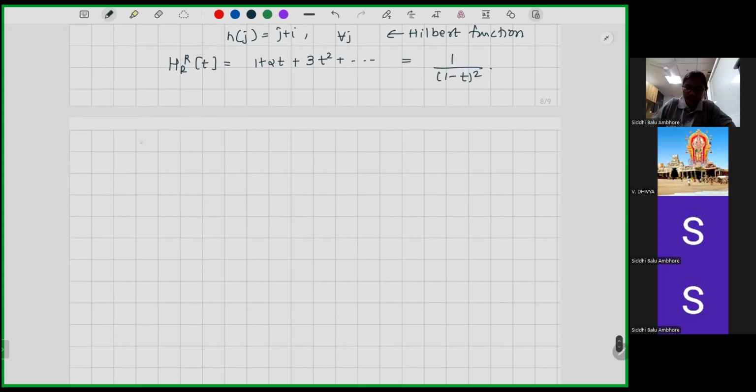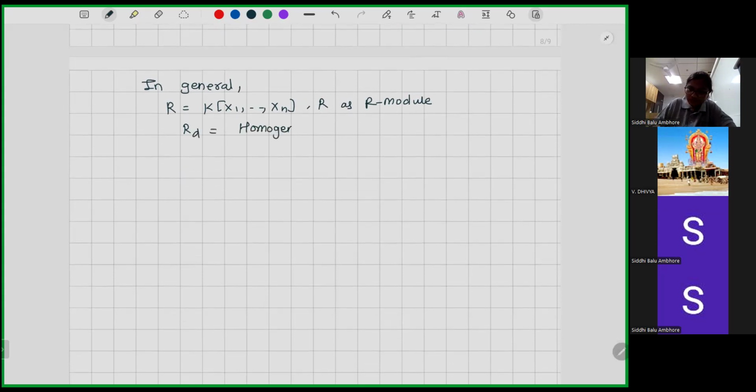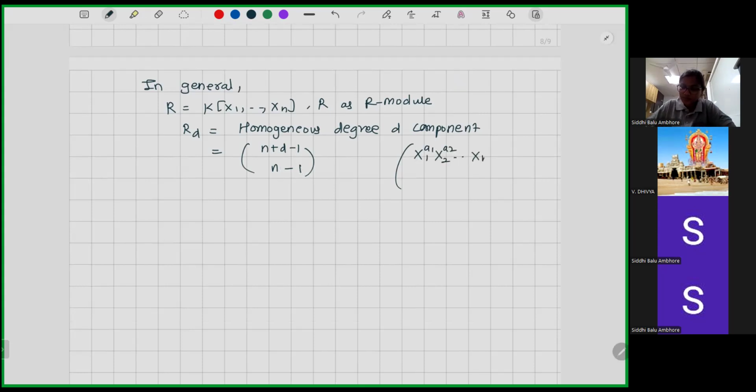In general, if R is k[x1 to xn], again considering R over itself, then R_d, the homogeneous degree d component, is generated by monomials x1 to the power a1, x2 to the power a2, up to xn to the power an, such that the sum of the ai from 1 to n is d.